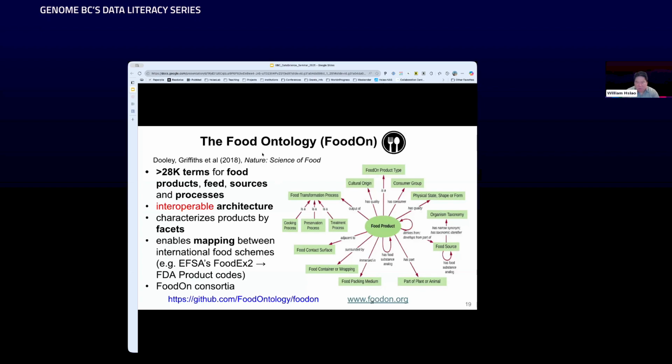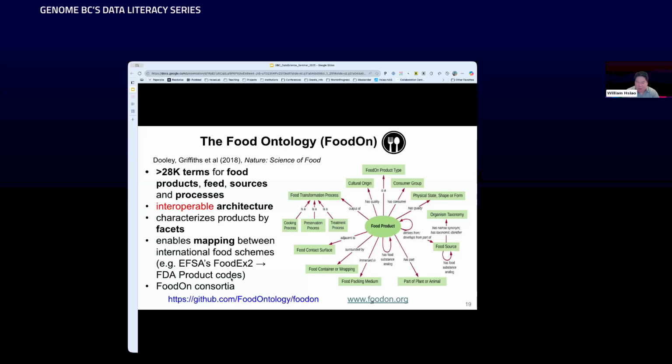Rather, we take a much more principled approach. And this is an example of a resource that we developed called the food ontology. It subscribed to both semantic and also syntactic standards to allow interoperability. So the design is such that it's domain agnostic and can be extended to other domains, even though currently we apply it to food. This then allows mapping between different international standards.